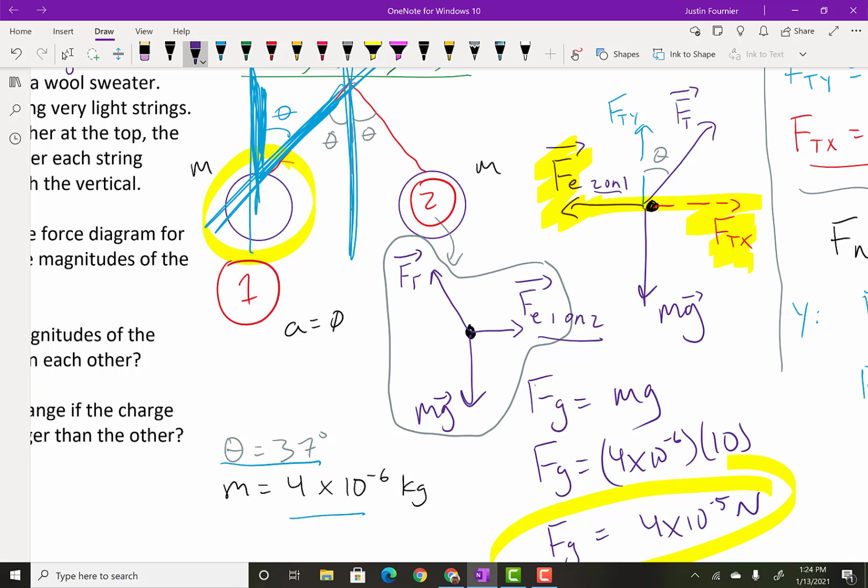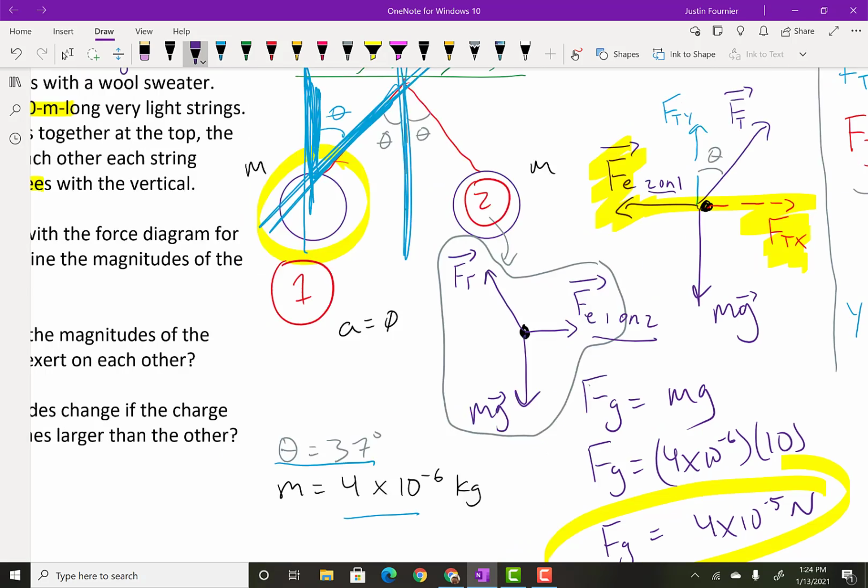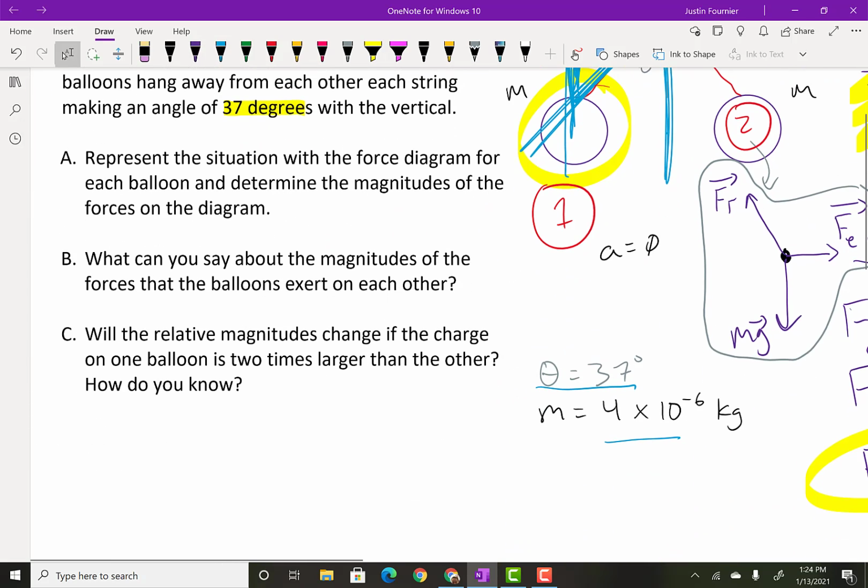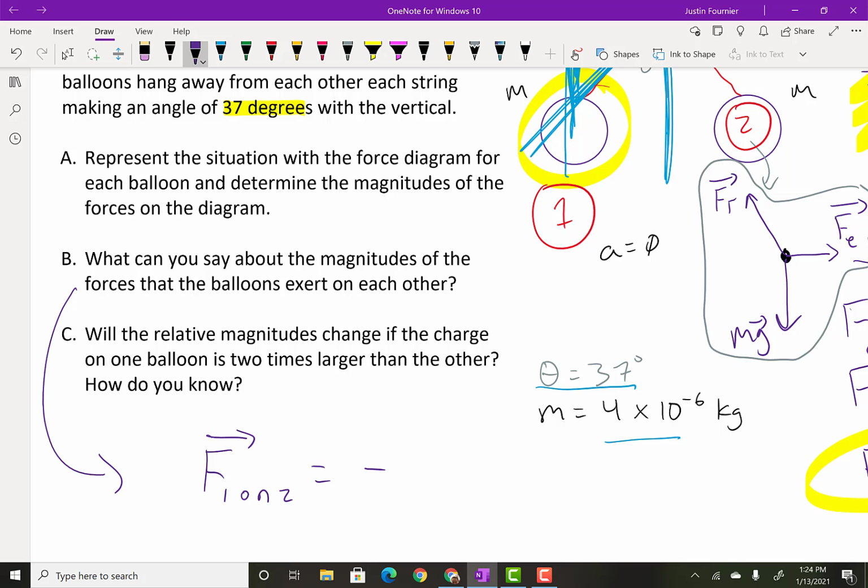So we got two objects interacting with each other, and there's one of those laws, I think it's Newton's third law, right? It says that forces come in pairs. So the force that object 1 exerts on object 2 is equal in magnitude but opposite in direction to the force that object 2 exerts on object 1.